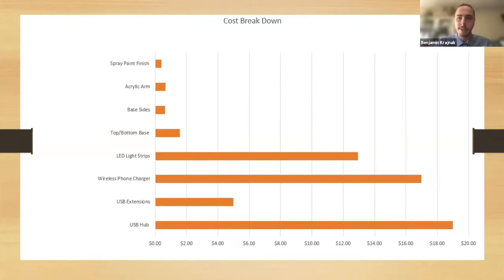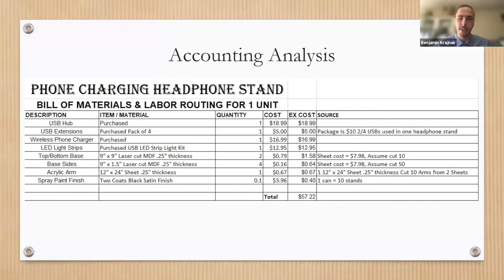The MDF and acrylic were priced at a point that was pennies to cut out our pieces, whereas we tried cutting down the cost on the electronics with little success.